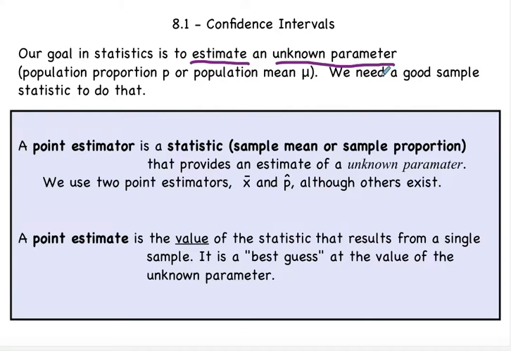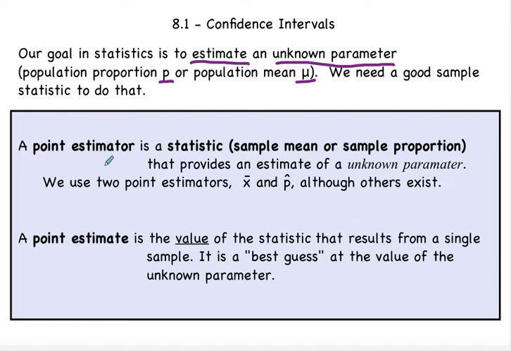The unknown parameter would be like the true population proportion or the true population mean. So we need a good sample to do that. We're going to take a sample and then estimate the true population proportion or mean.